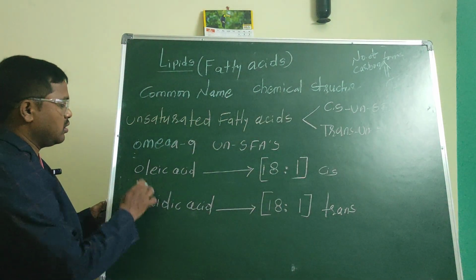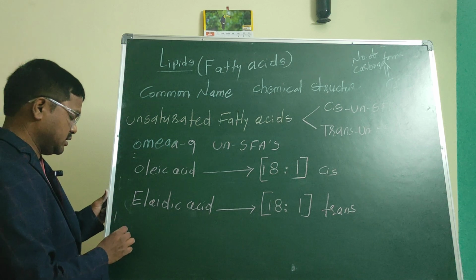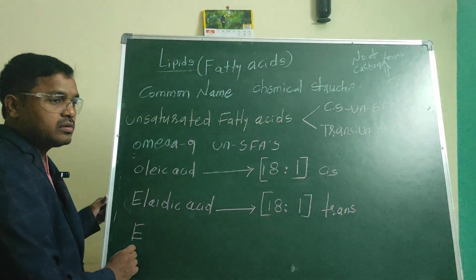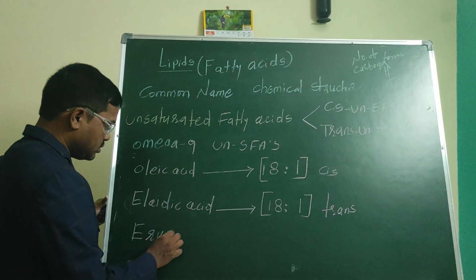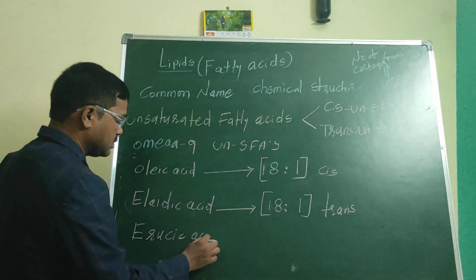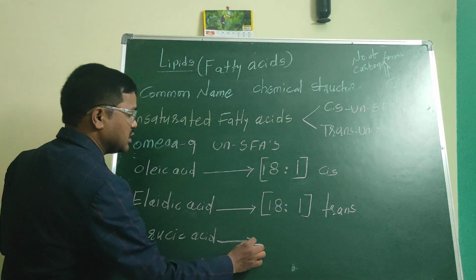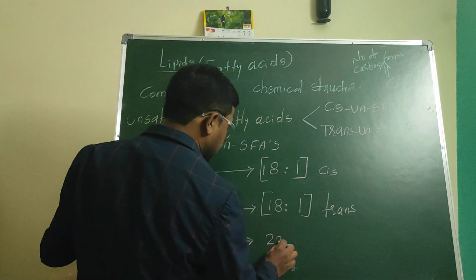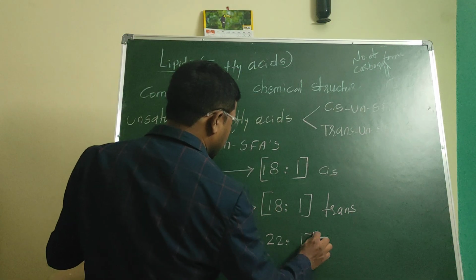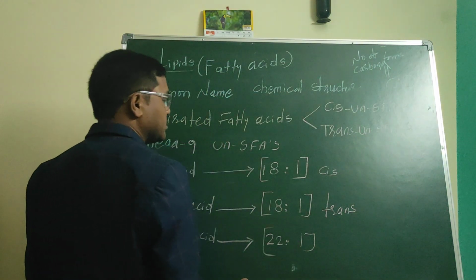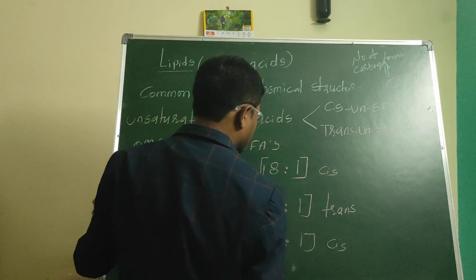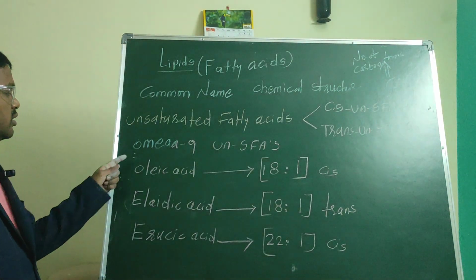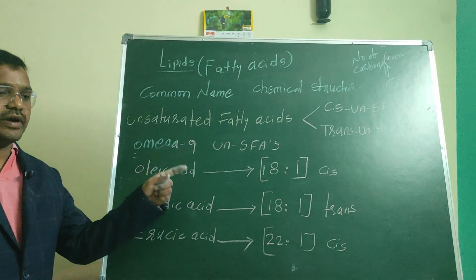This is also an omega-9 unsaturated fatty acid. And next, uric acid. The number of carbon atoms in uric acid is 20 and the number of double bonds is 1, and this is 6. These are three important omega-9 unsaturated fatty acids.